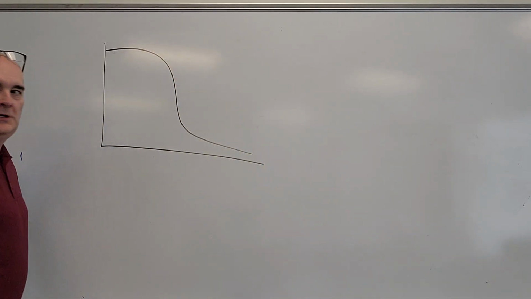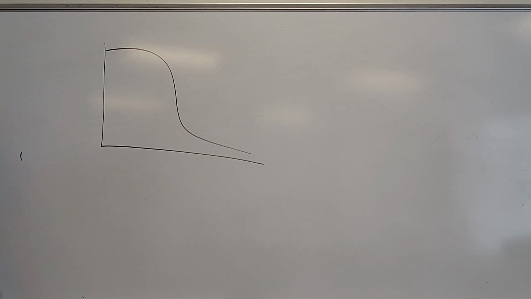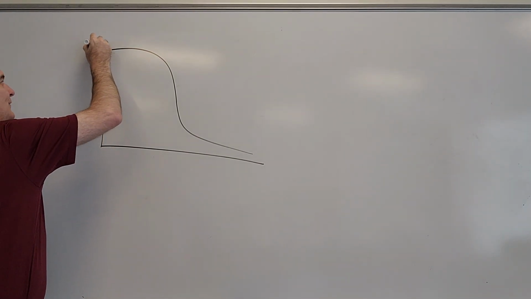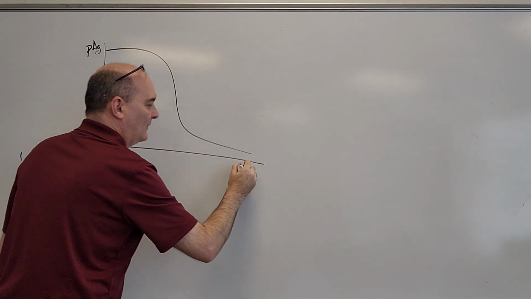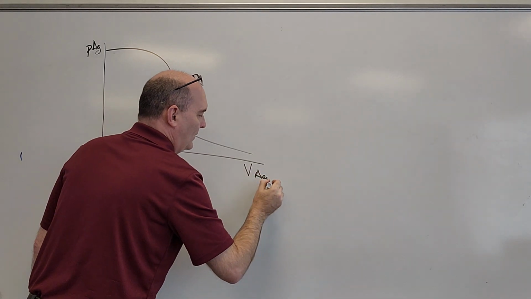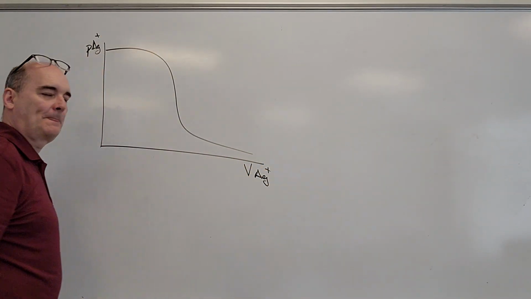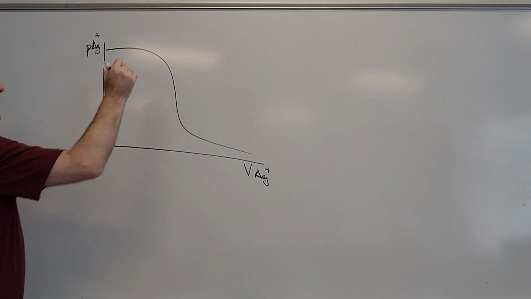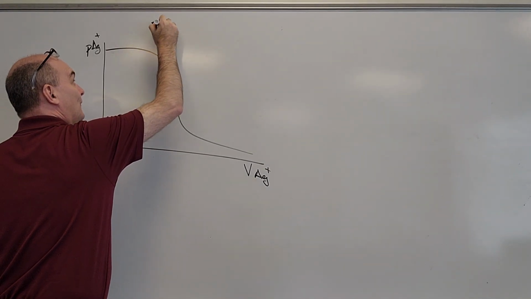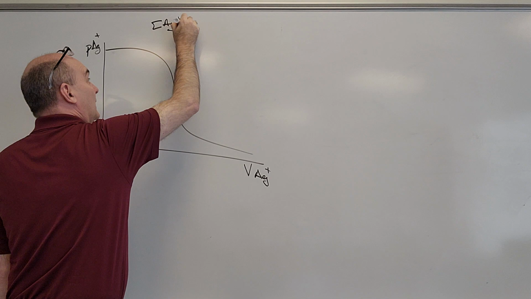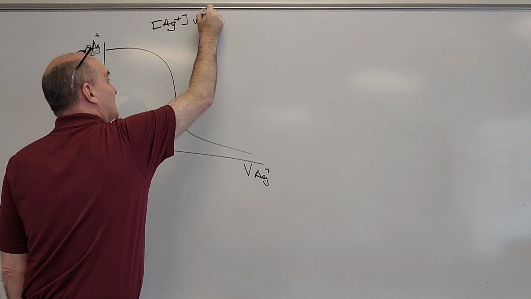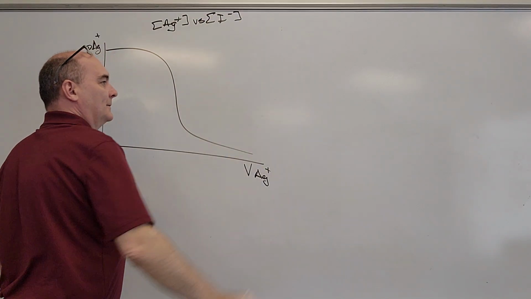Here's our titration curve. And this is for pAg versus the volume of Ag, really, that's for the +1 ion. This is for Ag+ versus iodide.